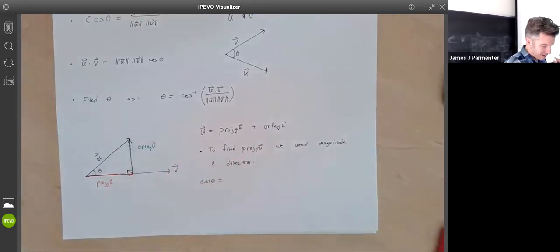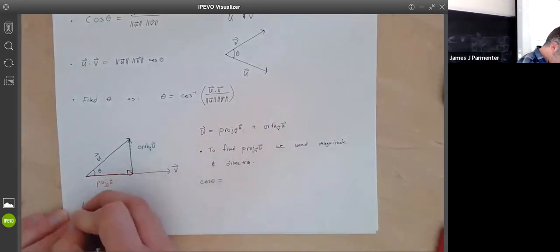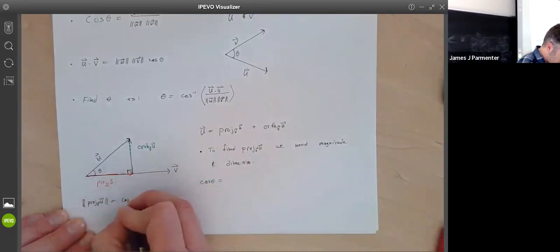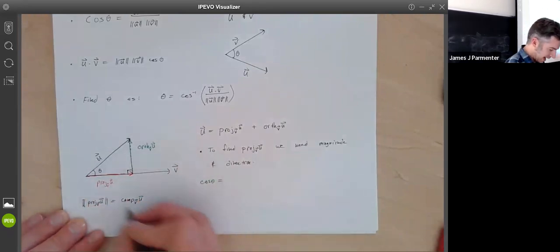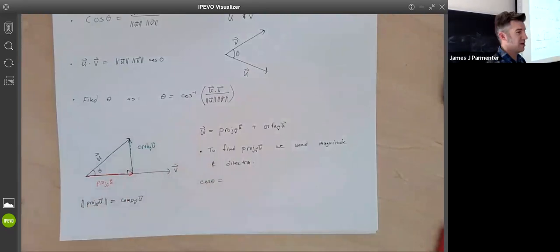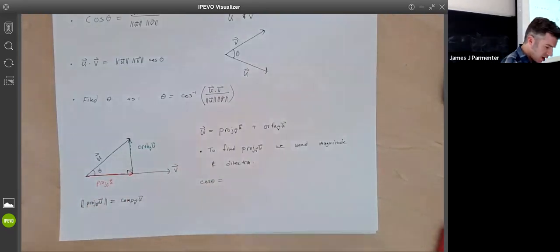It's a weird name, I think, but the magnitude of the projection of u in the v direction is called the component of u in the v direction. I don't love this notation personally, but it is mostly standard, I would say.